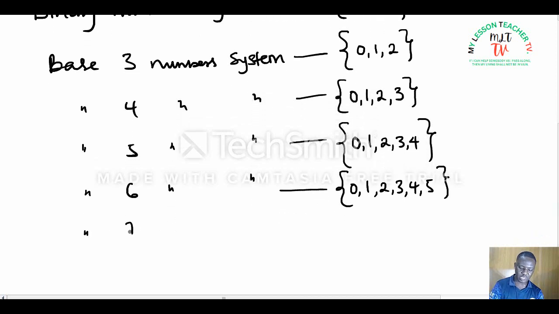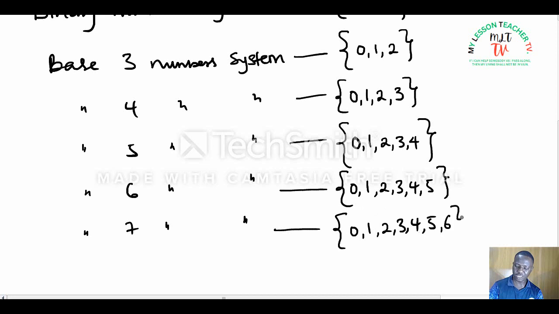Also, the base 7 number system comprises digits 0, 1, 2, 3, 4, 5, and 6, and so on and so forth.